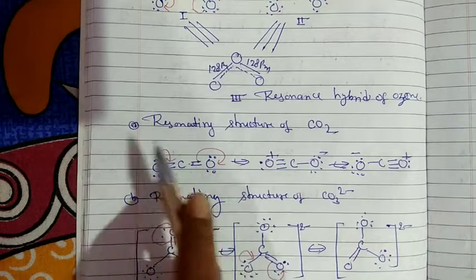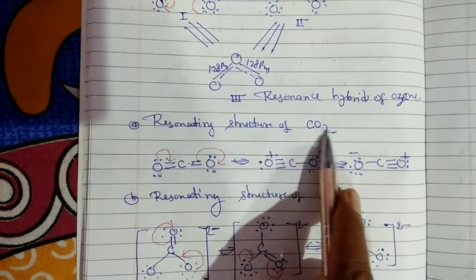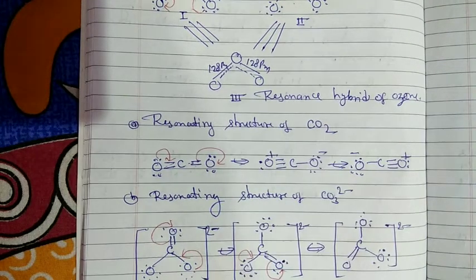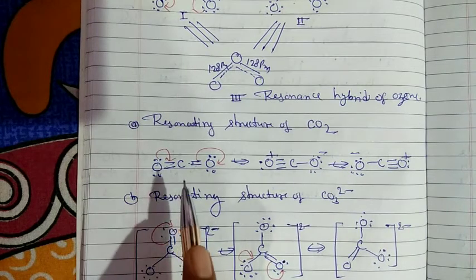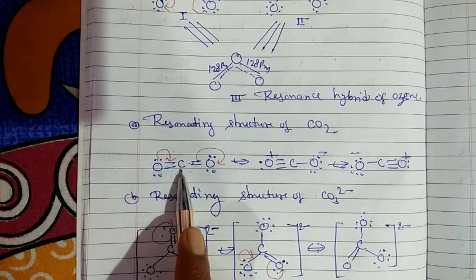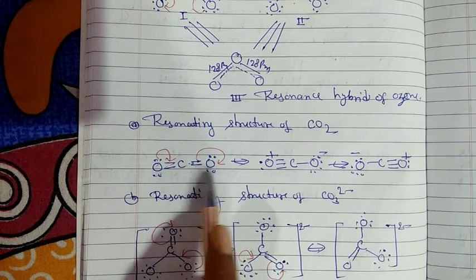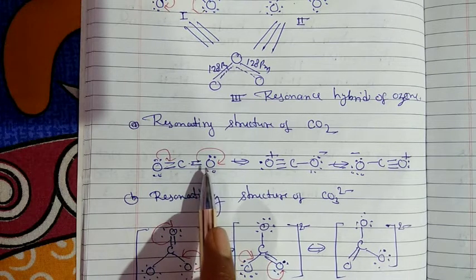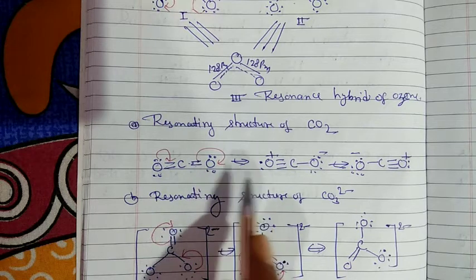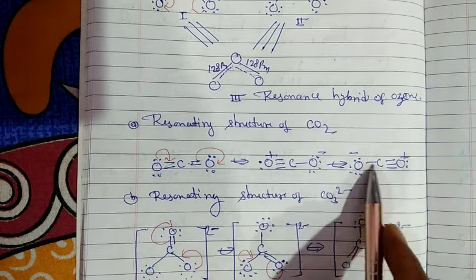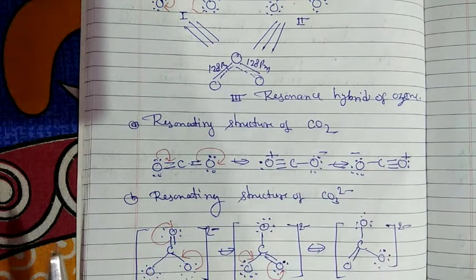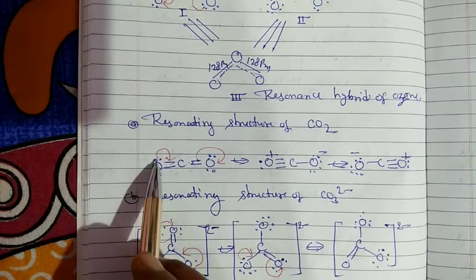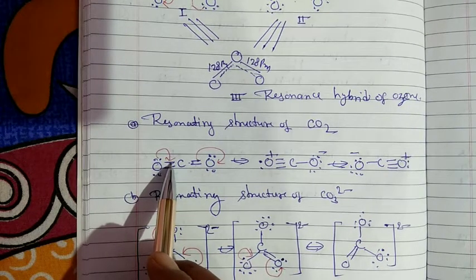Similarly, resonating structures of CO2. We put central atom C and oxygen atom on both sides. So how many resonating structures are possible? There are 3 resonating structures possible. 1, 2, 3. Okay, you can write here. And these 2 electrons can transfer to bond formations.